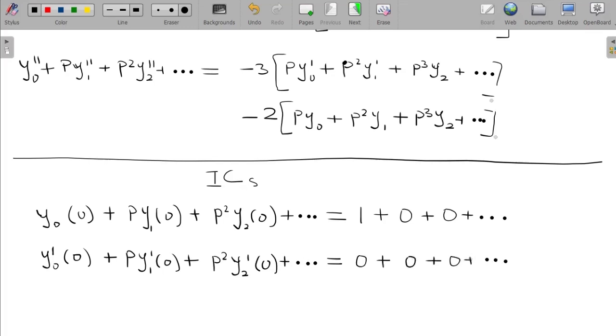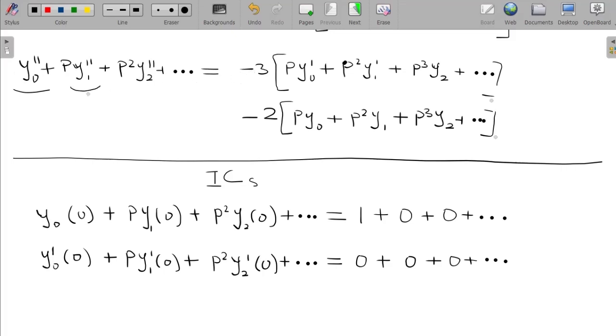So what we're going to do for the differential equation is to equate powers of p. So this has p raised to power 0, and there is no term that has p raised to power 0 on the right-hand side. Therefore, it's going to be equated to 0.